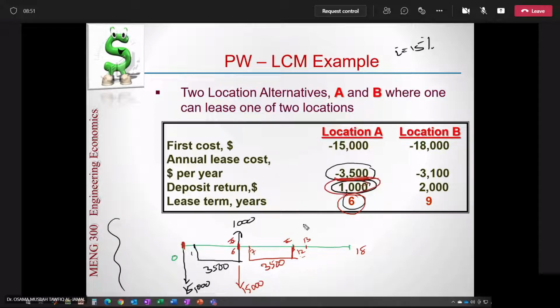It will be at the same year, the 6th year, which is year 12, 1,000. Starting the third cycle. Where we stopped at year 12, which was year 6 for the second cycle, the 6th year of the second cycle will be our first payment for the third cycle.